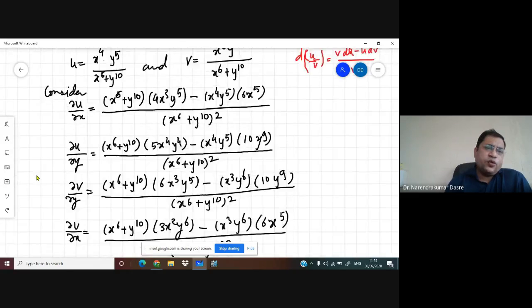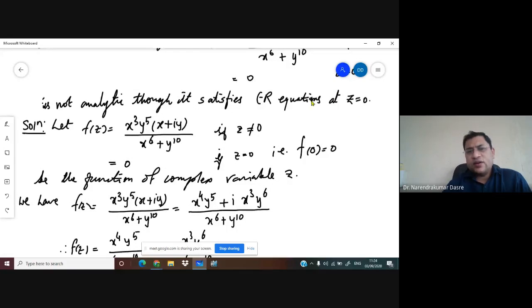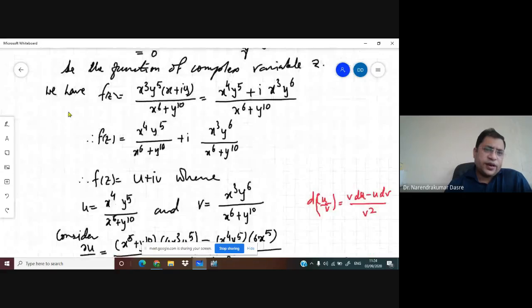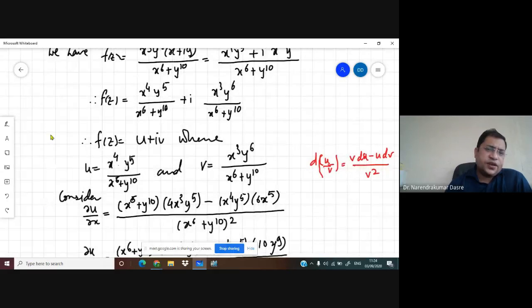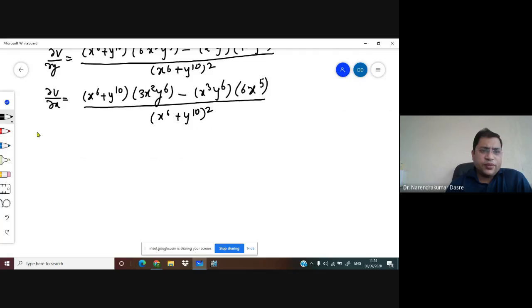And now we know where we have to find out these conditions. Okay, so these conditions we have to test at z equal to 0. So what I'll be having is at z equal to 0, that is x equal to 0 and y equal to 0.